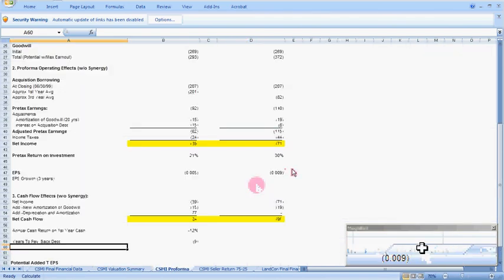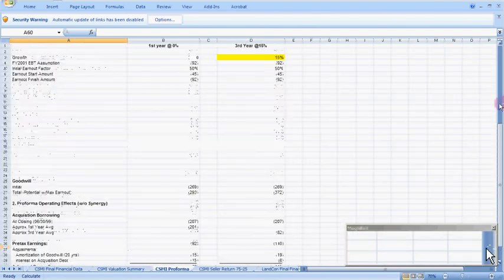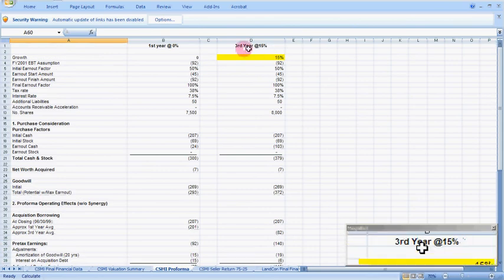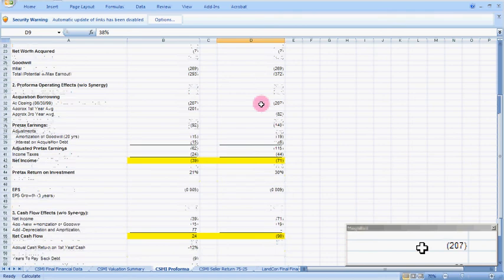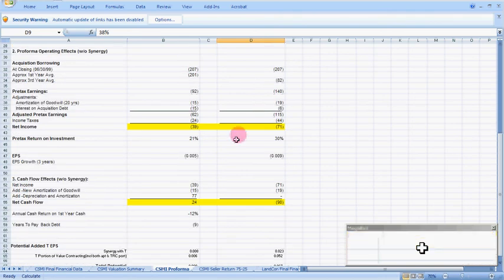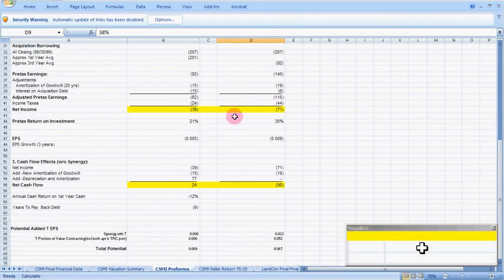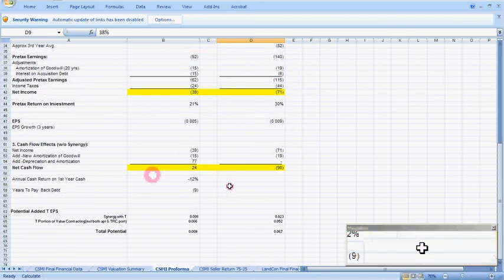And then when you do the pro forma at a 3-year, 15% growth rate, just to see, after 3 years, you see that it is still going negative the whole time. Then the net income shows it going almost double the negative, but not quite. So you end up seeing even your net cash flow going to a negative value. As a whole, this company looks like it's heading in the wrong direction.